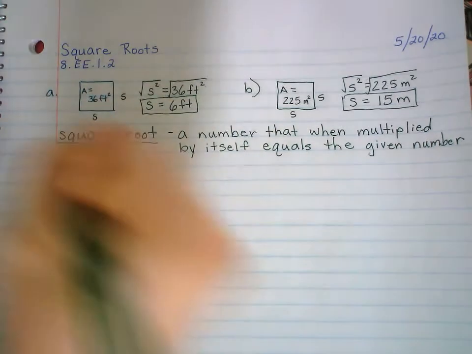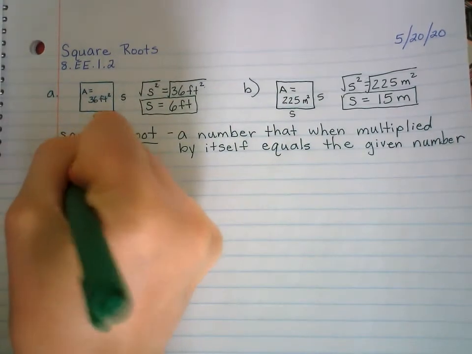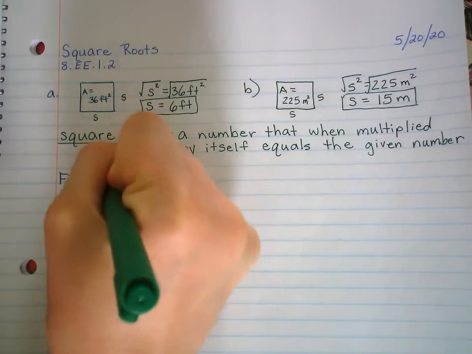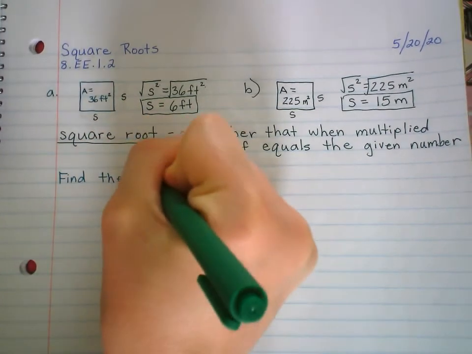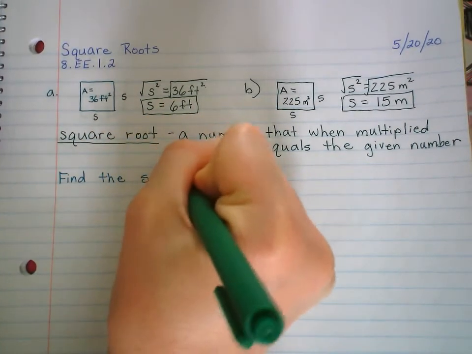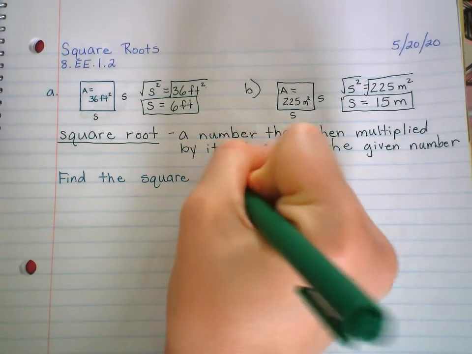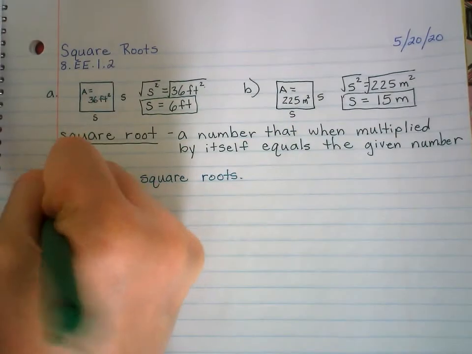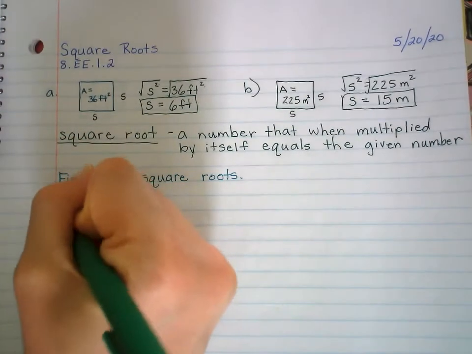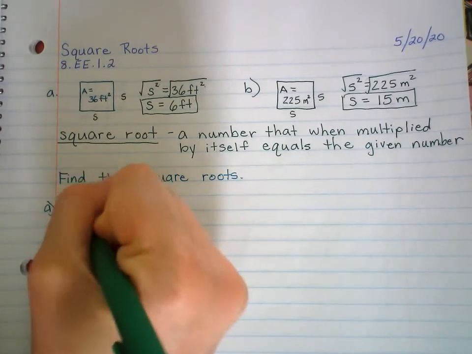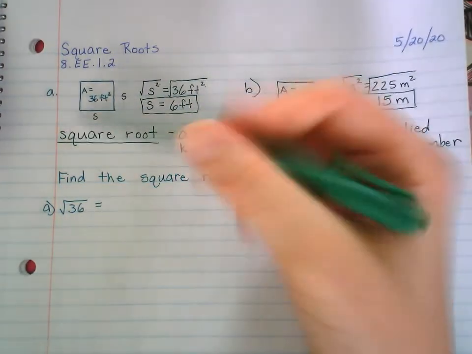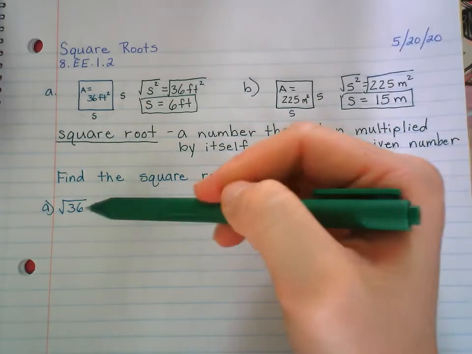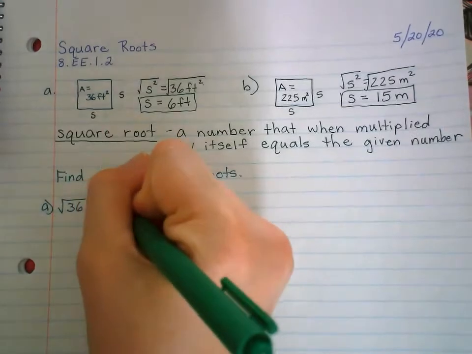Okay, A. So find the square roots. So example A, square root of 36. Okay, well we already did that. So what number times itself equals 36? 6.